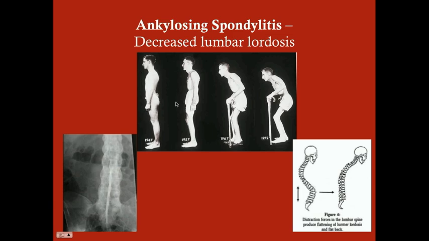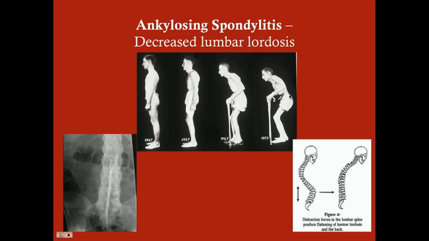Unfortunately, this was before the really good therapies came along for ankylosing spondylitis, and so there's just this loss of lumbar lordosis here. You can see it affecting his stature. So here's normal lumbar lordosis, probably very soon after he was diagnosed. It's kind of harder to see it here because he's starting to lose that lordosis.